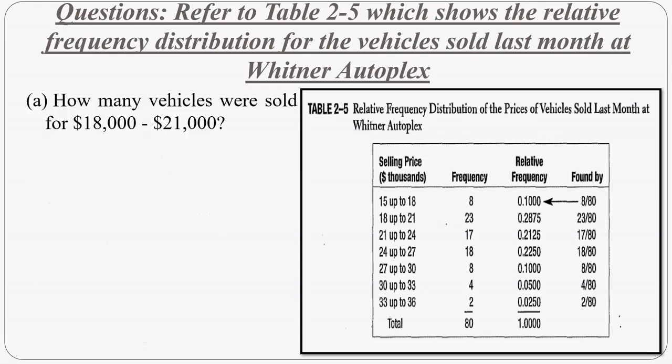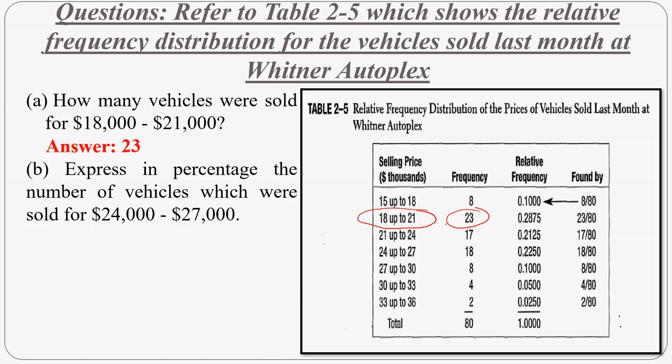First question, how many vehicles are sold for $18,000 to $21,000? See here, the question here, 18 to 21, how many? How many we are having? It is 23. This is the answer. Now, question number two, express in percentage. Percentage means we need to multiply by 100.